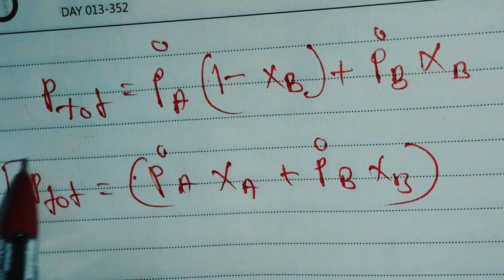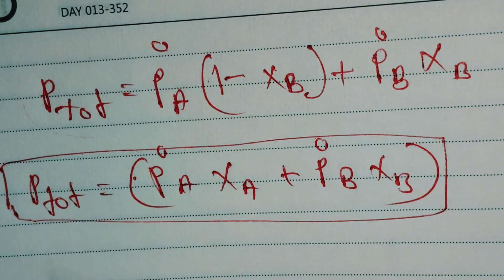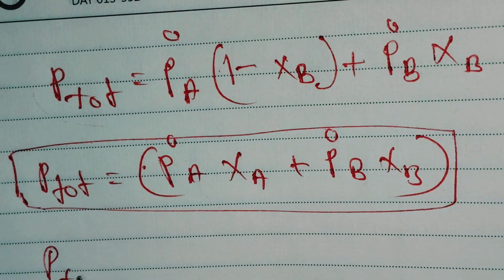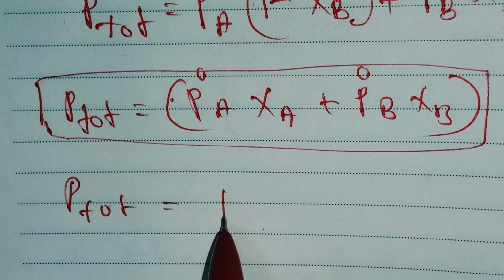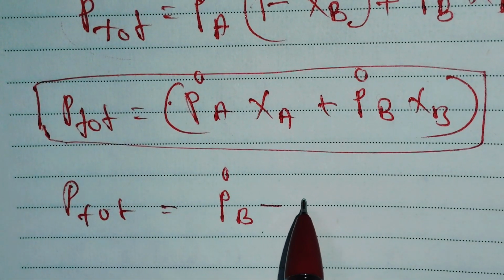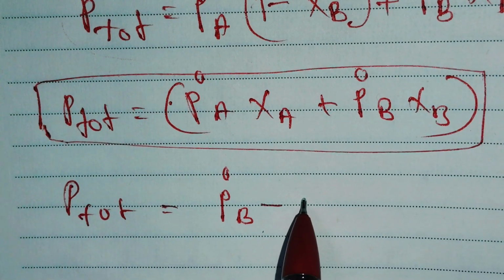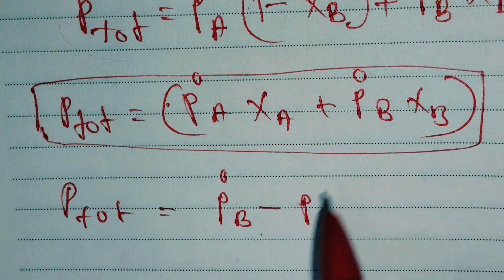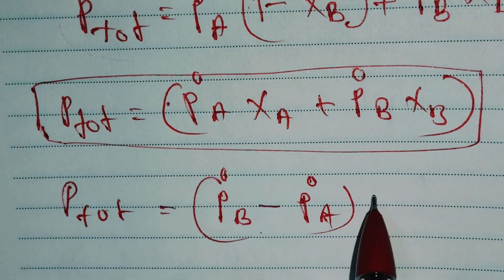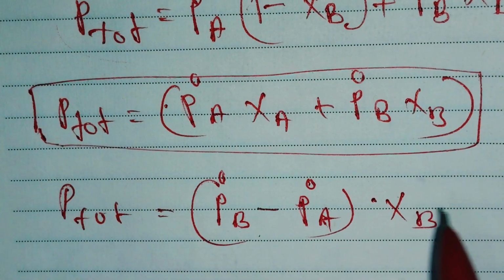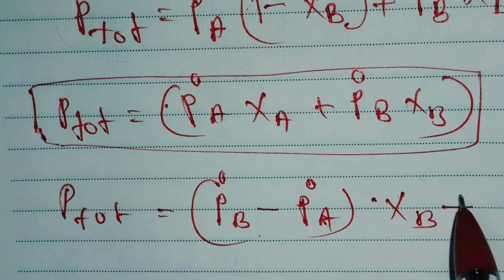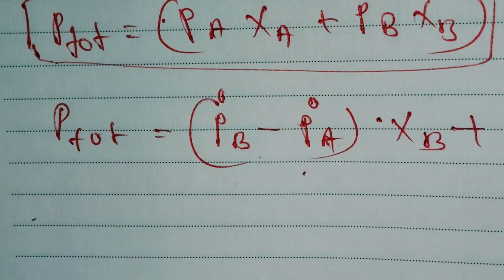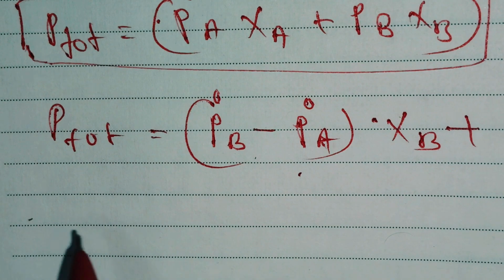This is the formula for the total pressure, and there is another formula: the total pressure is equal to (P naught of B minus P naught of A) times X of B plus P naught of A. Okay, this one formula is most important.